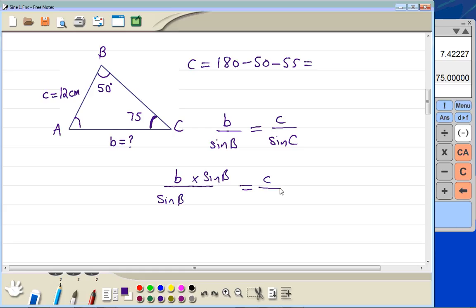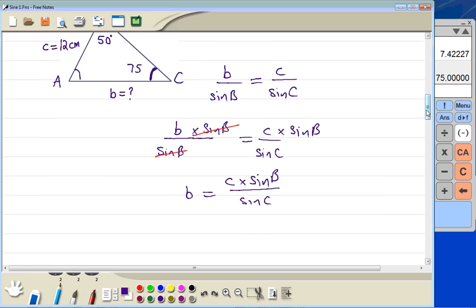If you're doing anything on the left hand side, we have to do the same thing on the right hand side. So this is always going to be the case. This cancels out, so you're only left with B. Right hand side, C times sine of angle B divided by sine of angle C.